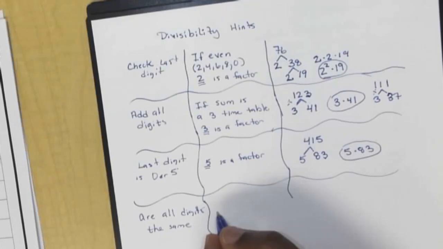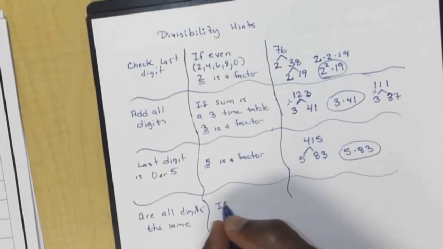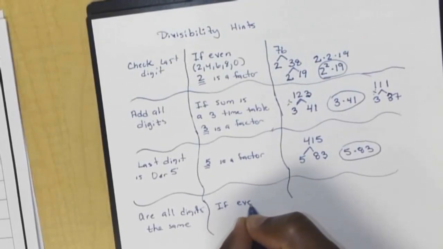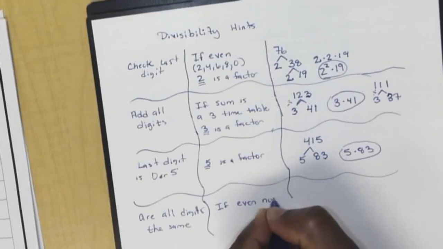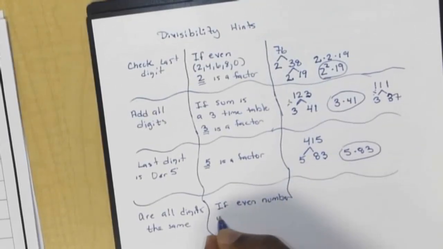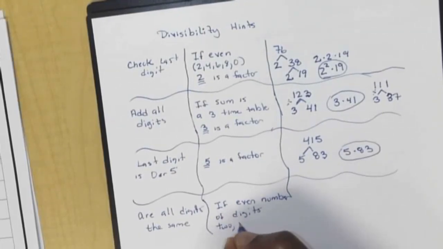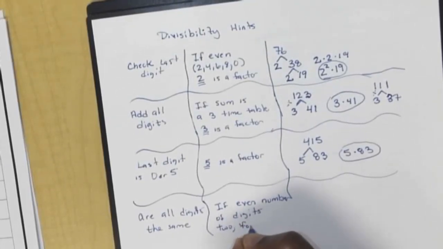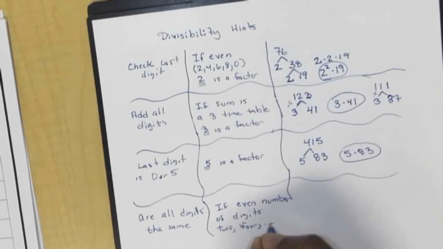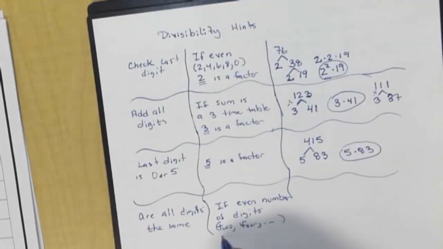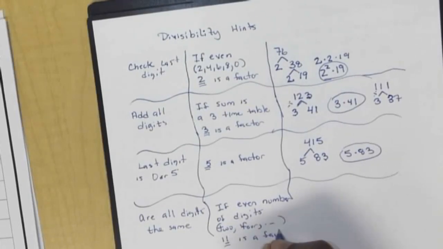All right? Now, if you got an even number of digits, that means you got 2 digits, 4 digits, 6 digits, 8 digits, 11 is a factor.